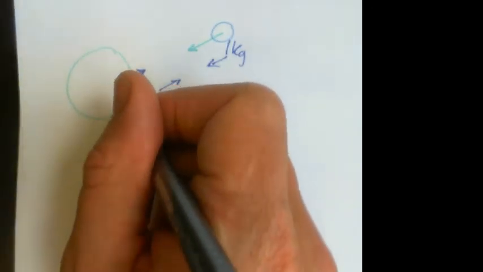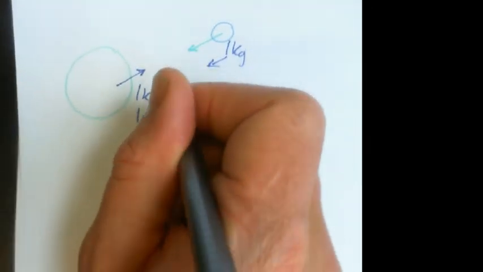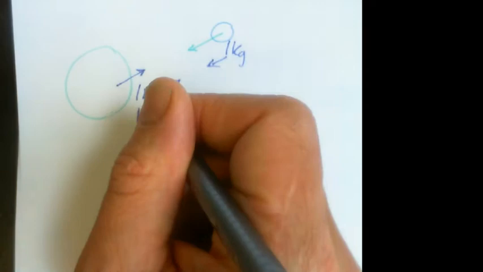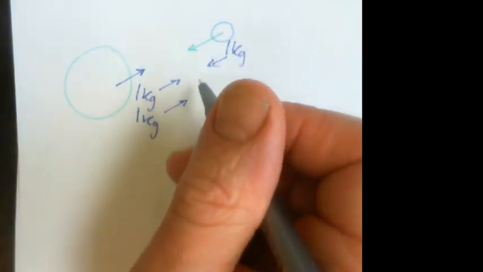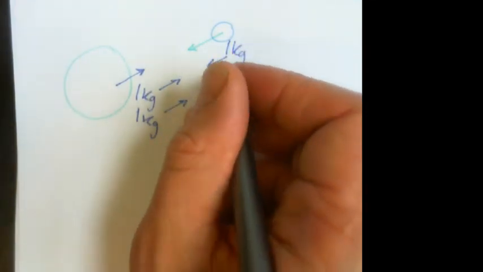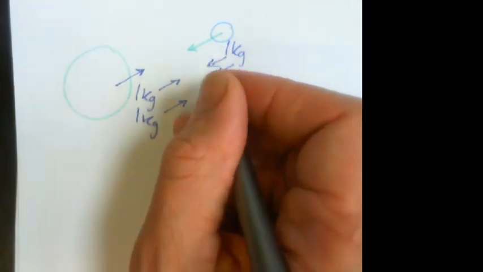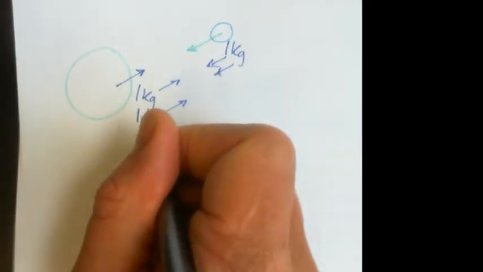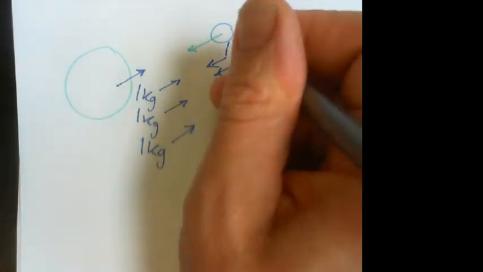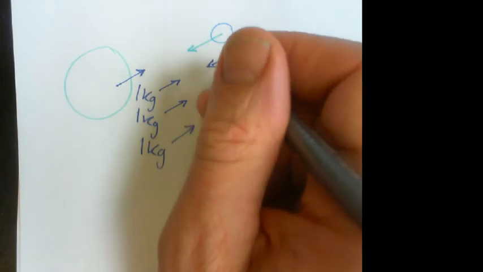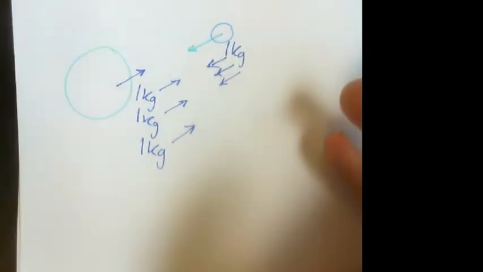And then if I add another kilogram of Earth, because the Earth's bigger, well, that one is also going to be attracted to this one, but also this one is now attracted to both of these, and those two forces add together. And if I do a third kilogram, then this one is now attracted to all three. And all three of these add up, and all three of these add up, and it becomes the same amount. Okay, so equal and opposite direction.